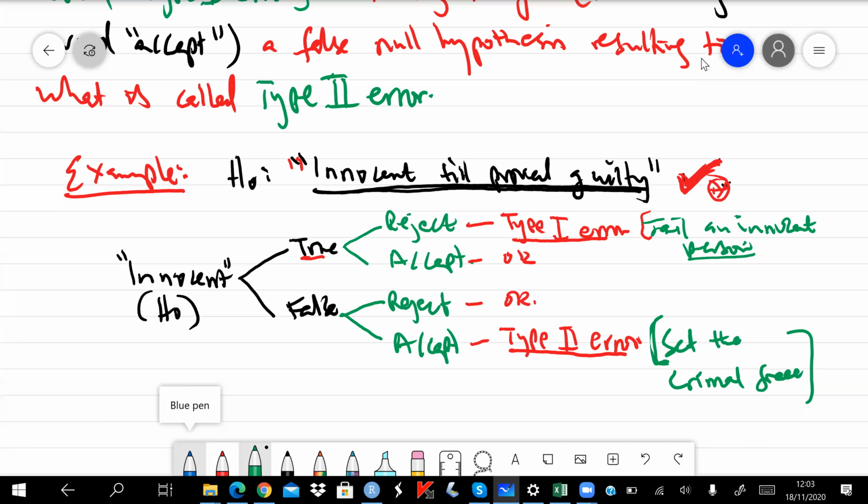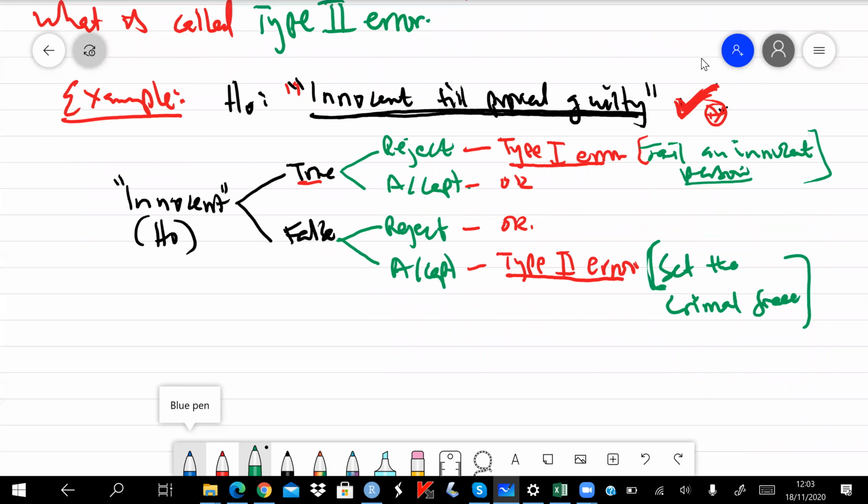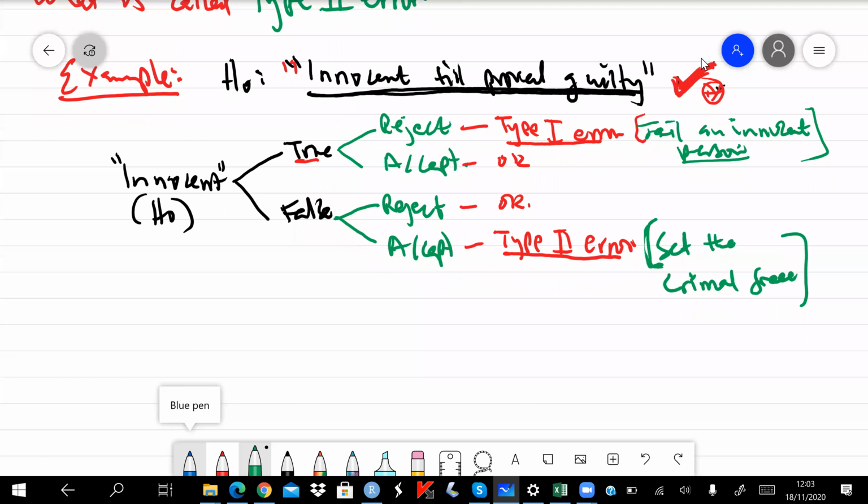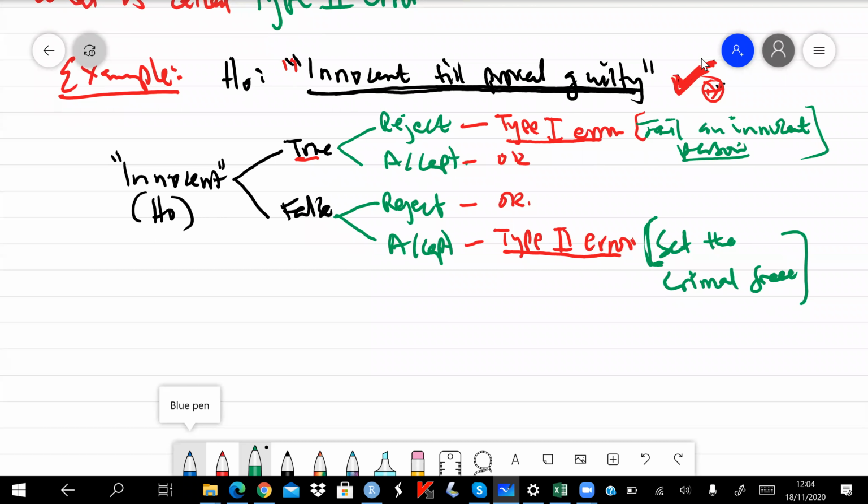The second is that by mistake, you set the criminal free. You let him or her go scot-free. So theoretically, it can be shown that type 1 error is more serious than type 2 error.